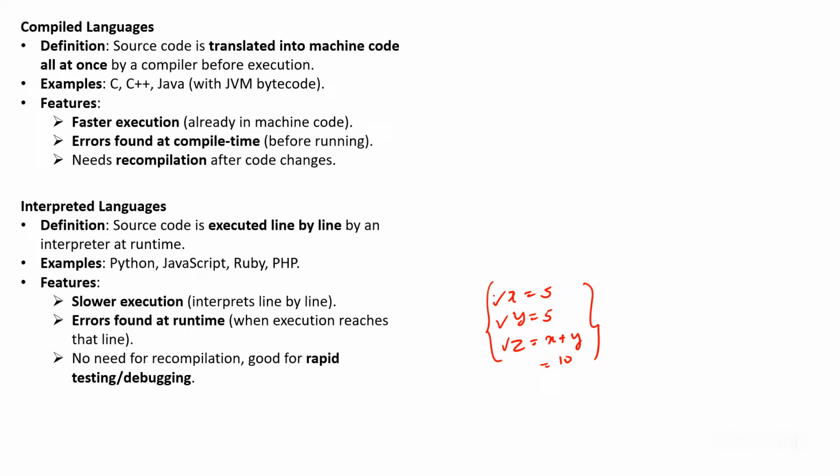Since everything is converted into machine language, the execution will be much faster. But the error handling or debugging part will be much more difficult, because if you have written 100 lines of code, it is converting each and everything.